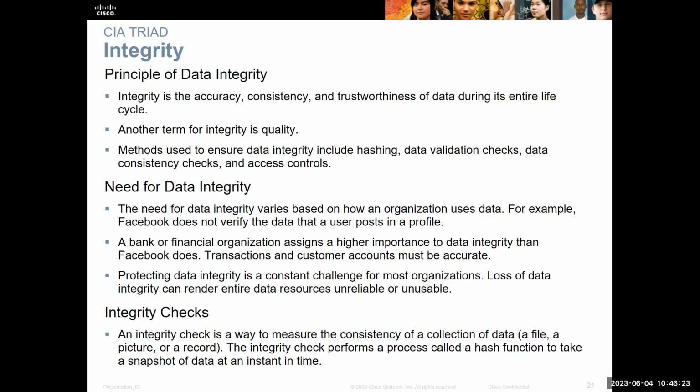Protecting data integrity is a constant challenge for most organizations. Loss of data integrity can render entire data resources unreliable or unusable.